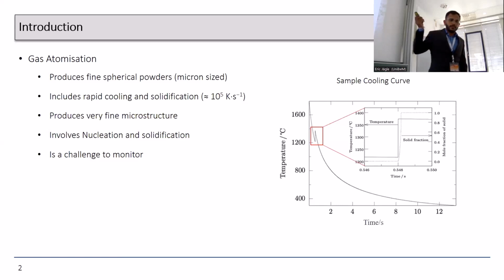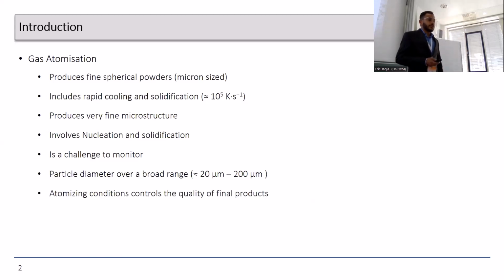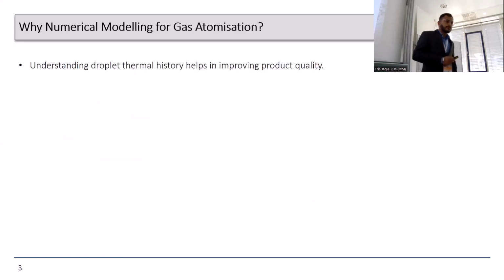As you can see in the graph, it goes to 1200, 1300 degrees Celsius, and it happens really quick. The particle diameter usually will be over a broad range from 20 microns to 200 microns. So the atomizing controls have a significant control over the quality or the properties of the final powder particles produced.